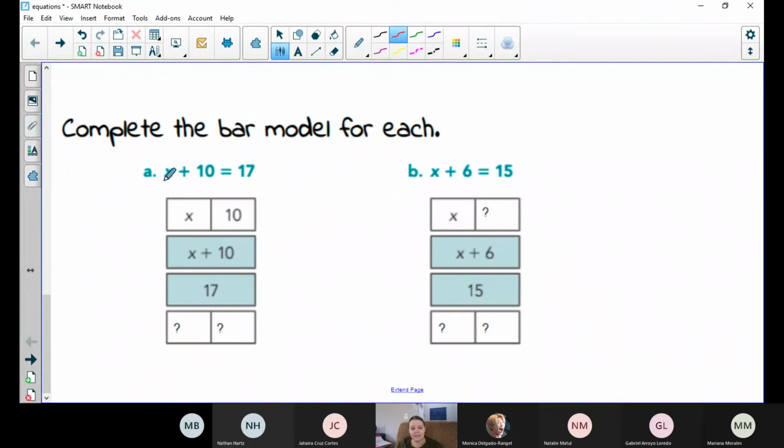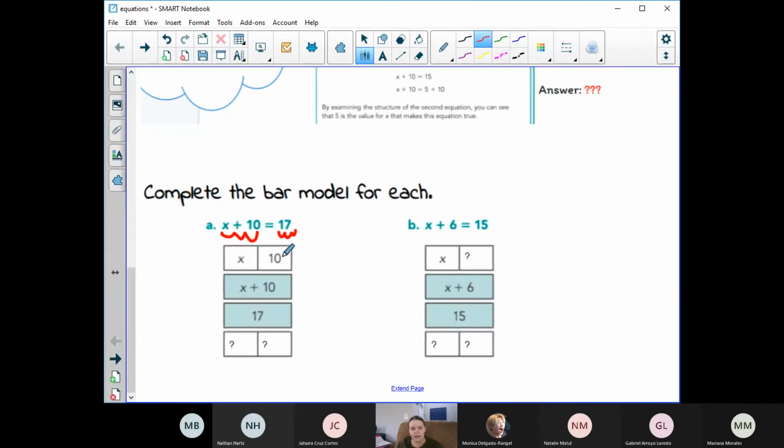X plus 10 equals 17. So I have my bar model. I have x and 10 separated. X plus 10, which is this part of the equation, 17, the other side of the equal sign. And now I need to fill in the missing pieces. So we know that part of this 17 is 10, and we get that directly from the equation.